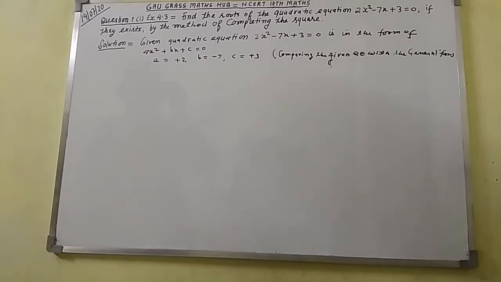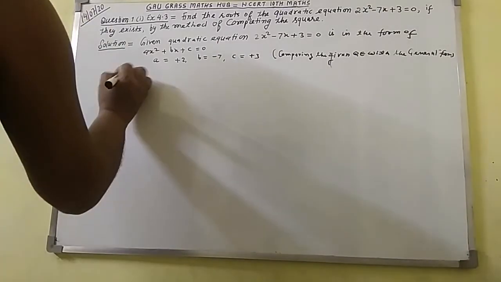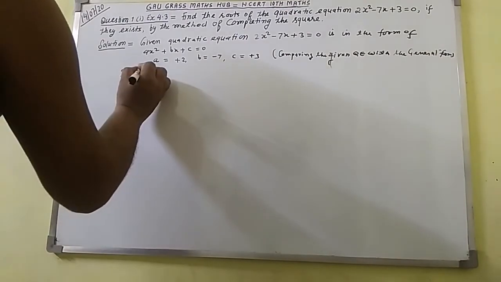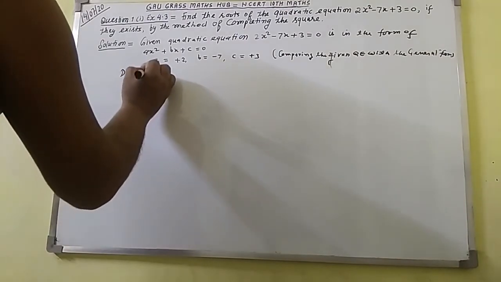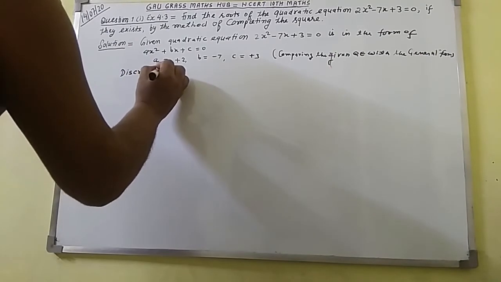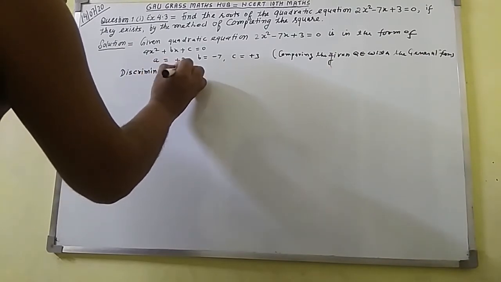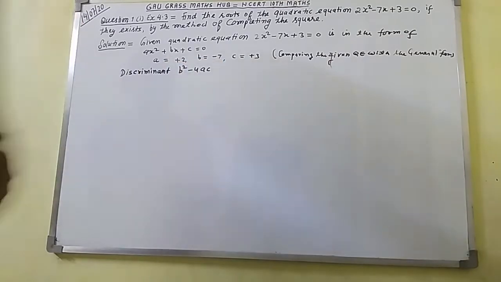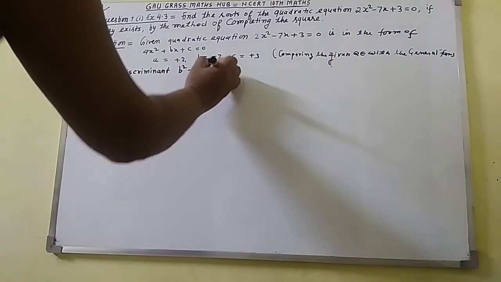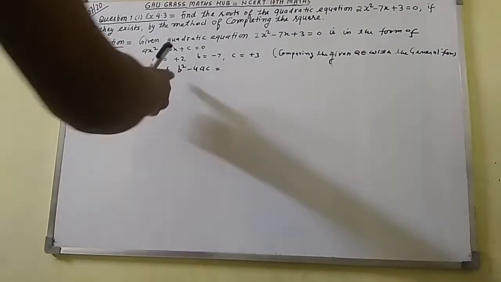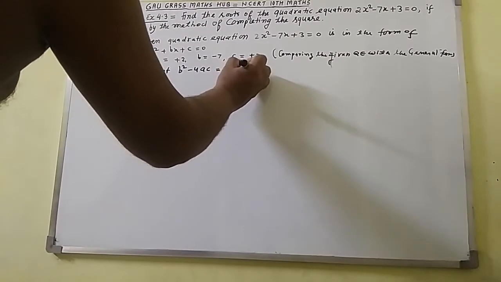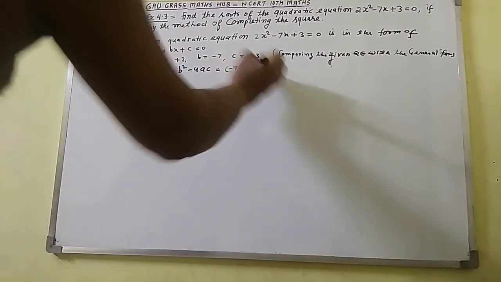Now, discriminant, not determinant, discriminant, that is b square minus 4ac. Now here put the value. In place of b, you can write here minus 7 whole square minus 4.